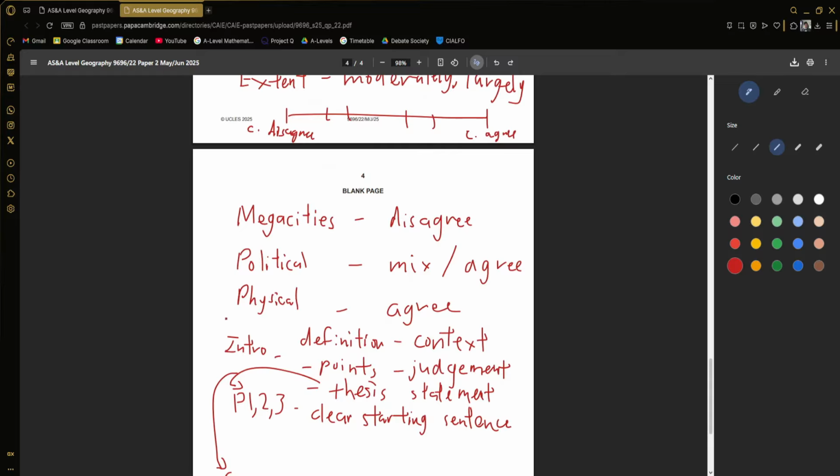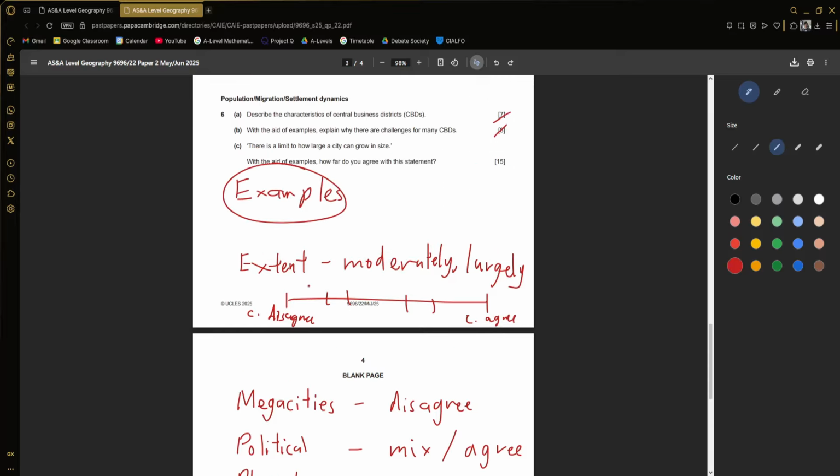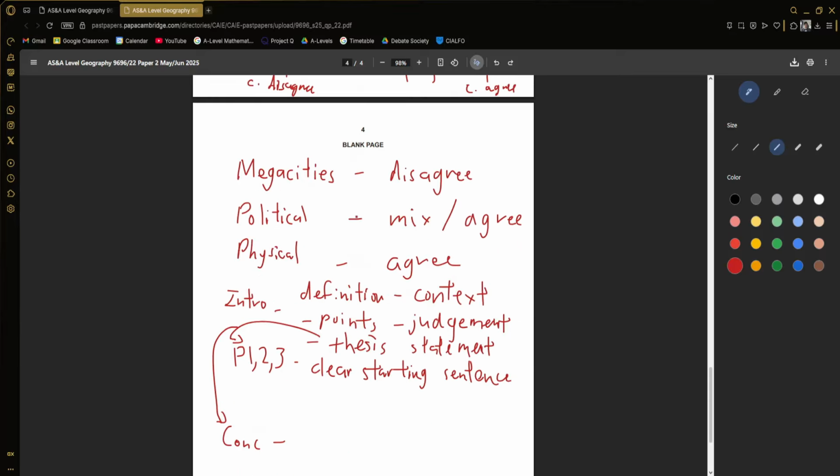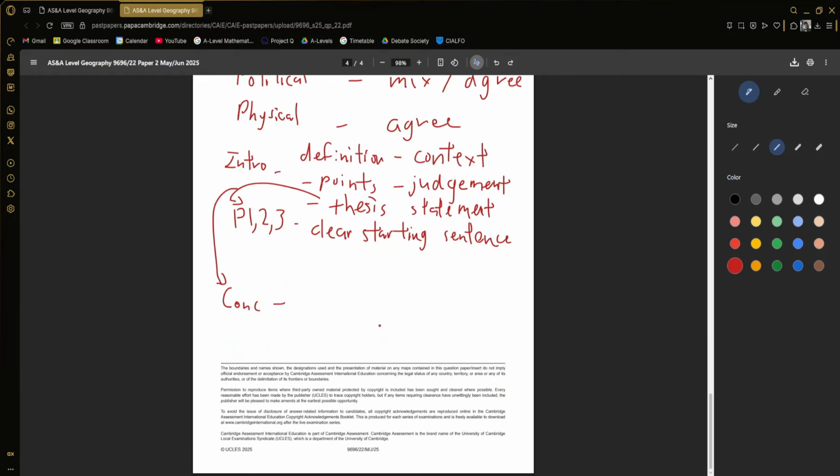Or you can talk about physical barriers and the physical trade-off of rural land to urban land, which supports the statement that there are limits, right? You want to highlight your points as the main thing, which gives the examiner a clue to what you're going to talk about, which makes your whole essay more structured and the examiner would like you more.